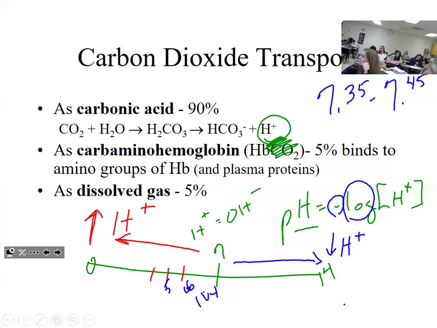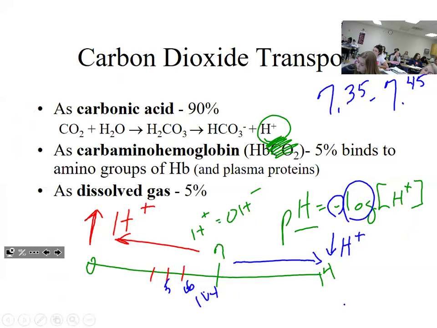So anyway, y'all told me that blood and most of your body fluids, except for a few, most of them need to be about this. That's their normal pH range. Is that what you said? All right. But tell me what would happen, Dylan, if your respirations were low? If your respiration's low, CO2 is building up in your system. And if it's building up, what is increasing in your system?